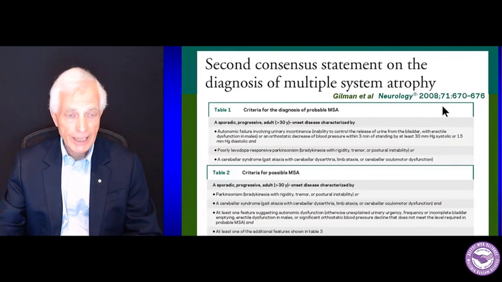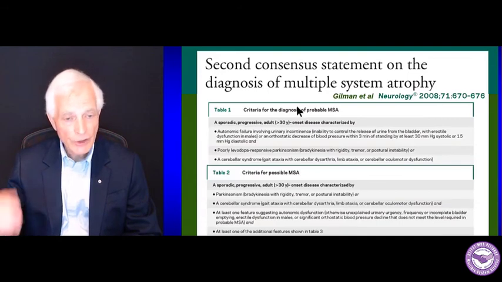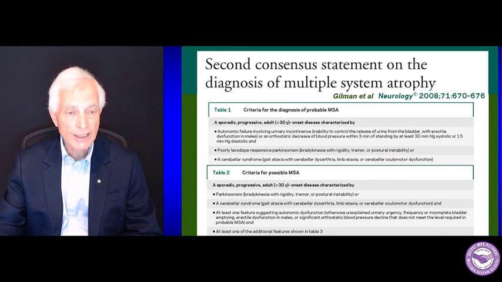In 2008, a second consensus statement was made that just advanced these original criteria a little bit further, again, really being largely based on the presence of autonomic failure, levodopa poorly responsive Parkinsonism, and ataxia, with new criteria for possible and probable MSA.